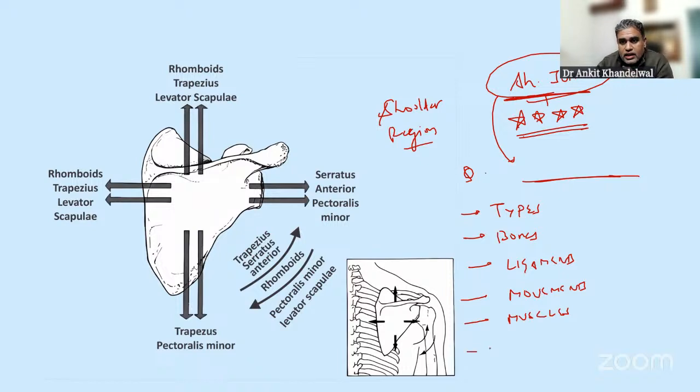And finally, don't ever finish your anatomy answer without telling about the clinical anatomy or clinical scenario. Be it just 2 or 3 points, but you should always end with this. This is the entire output of your theoretical knowledge. You are reading so much theory, you are learning so many things, you are writing so many things.